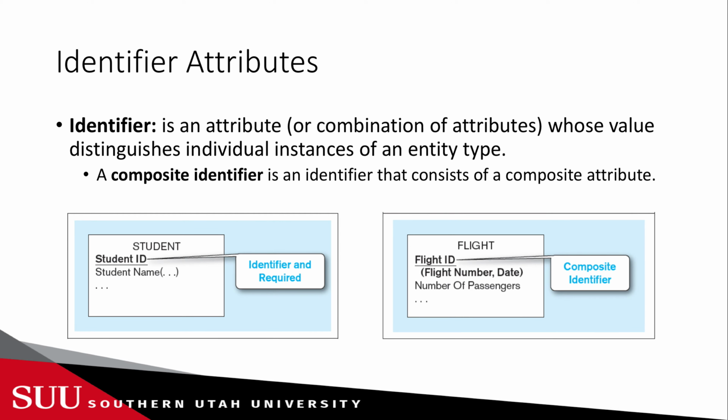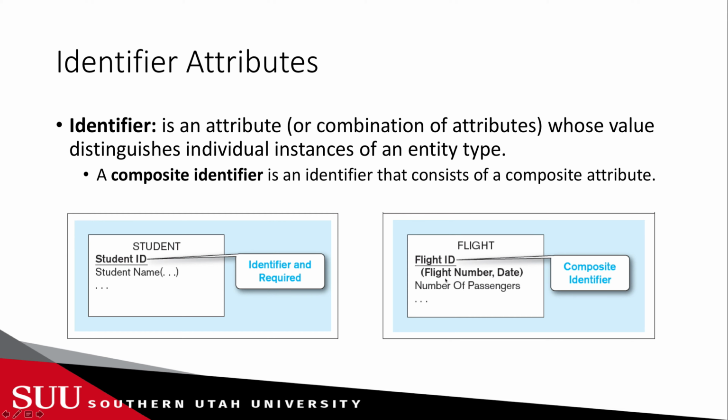Now, an example of an identifier that is not a composite identifier would be student ID, but a composite identifier might be flight ID, because flight IDs consist of flight number and date. So if I have a flight going from, let's say, city A to city B, then this flight number is usually not going to change, but they change the date.